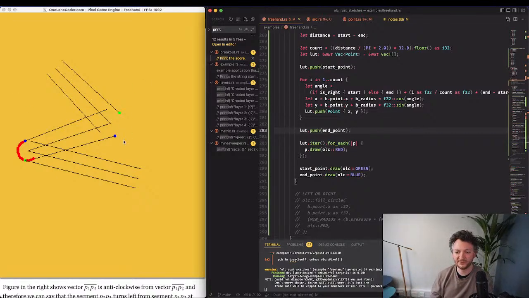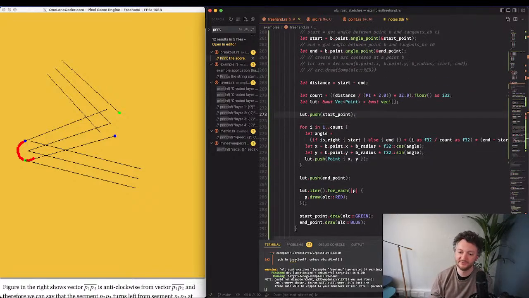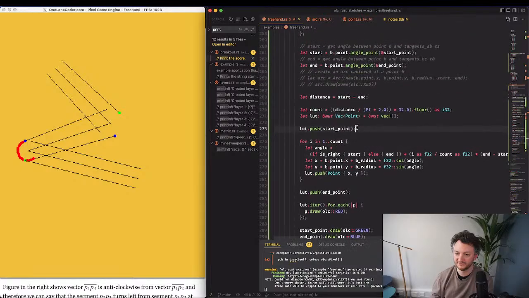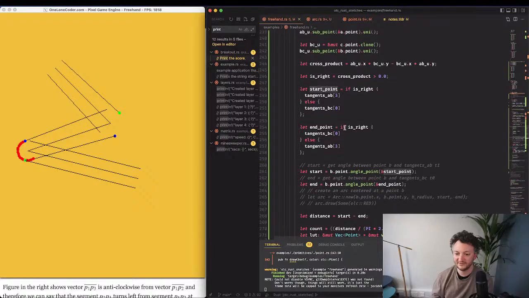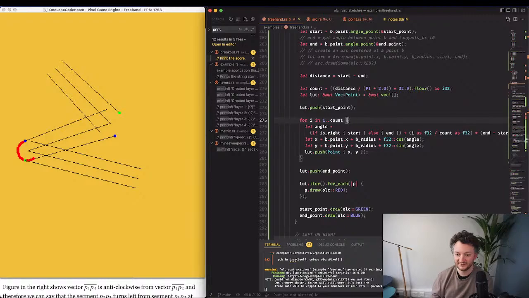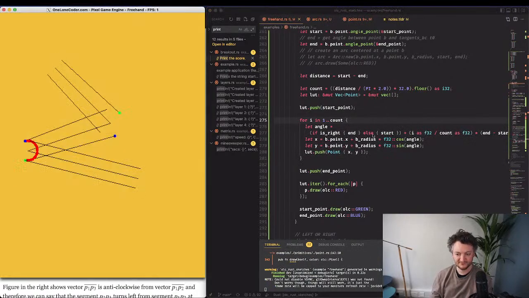So let's figure out what's the problem here. If we have the right start and end point, now we just need an arc that connects them relative to this one. That should be okay. So the start point, I need to figure out which, yeah, okay.